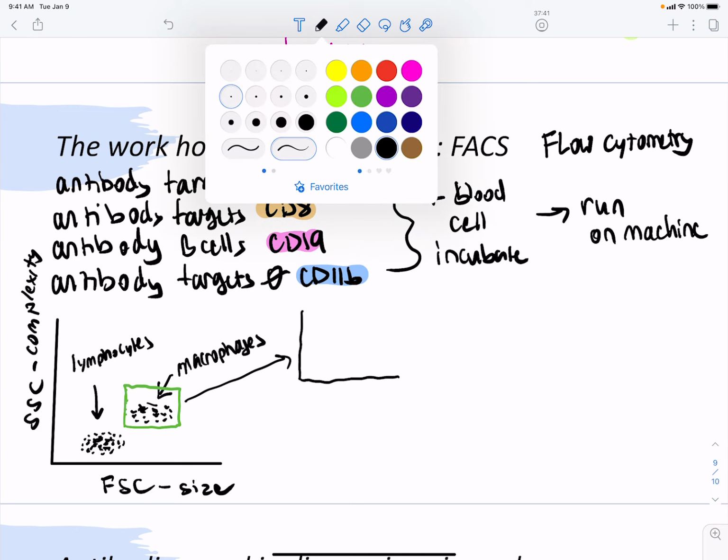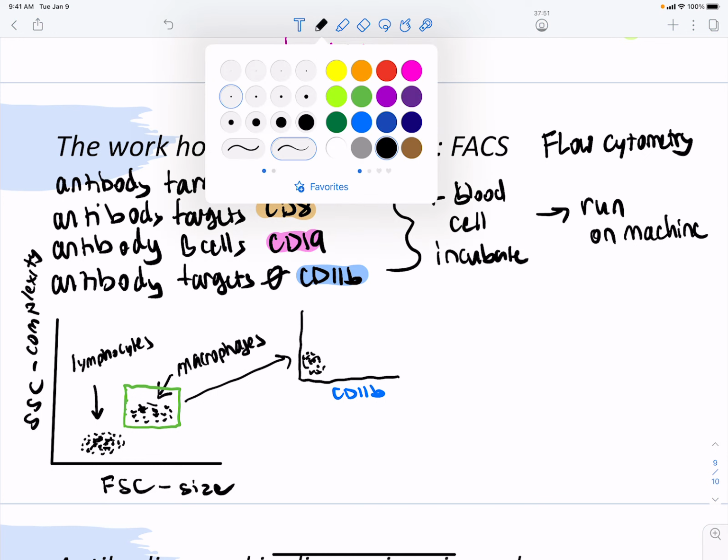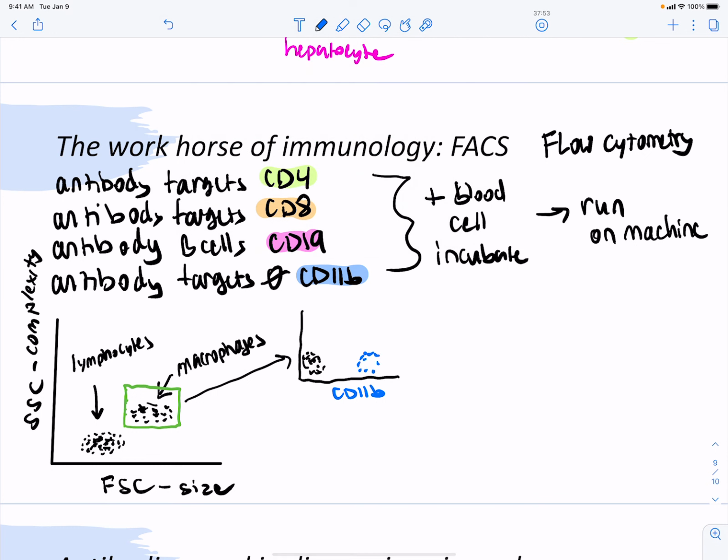It's that blue CD11B. And so what we'll see is a population that is negative for CD11B, and then our macrophage population that is positive for CD11B. So these are CD11B positive cells. And then over here, these are CD11B negative cells.